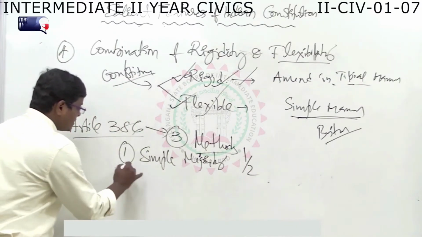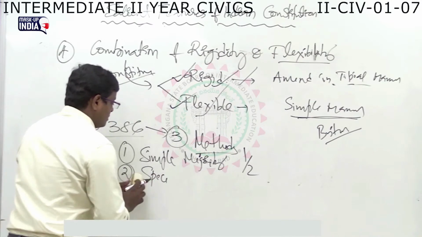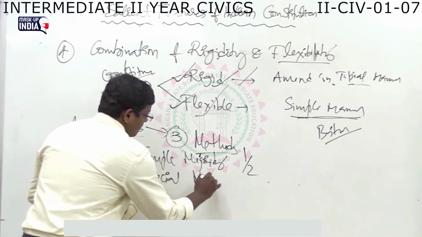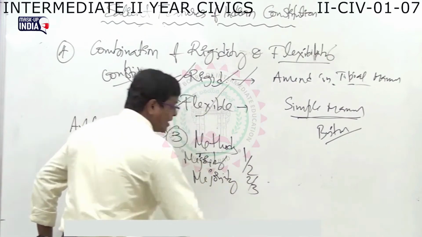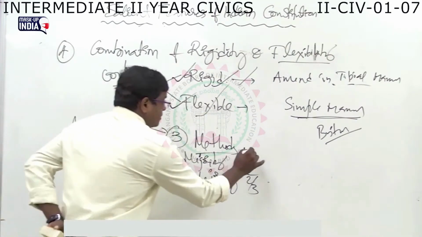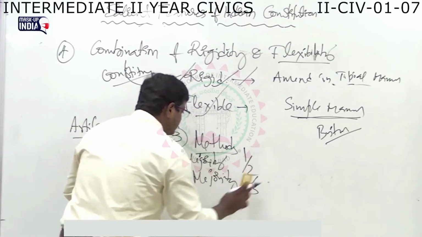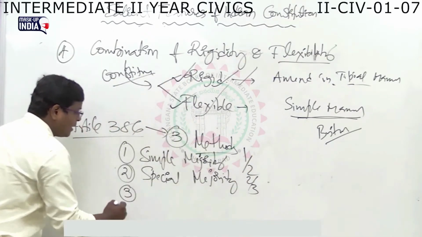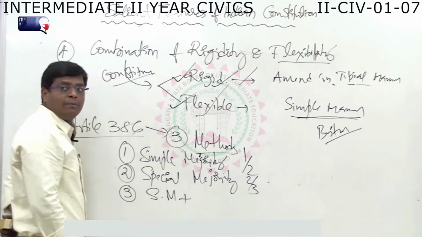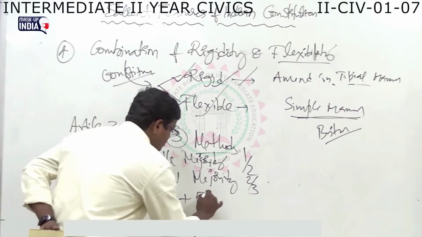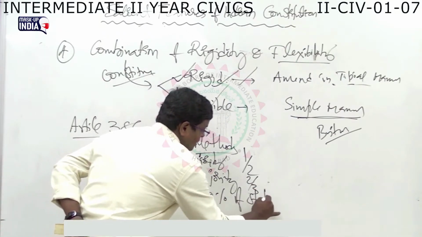The second one is special majority, which is 2/3 majority. And the third one is special majority with 50% of states ratification.